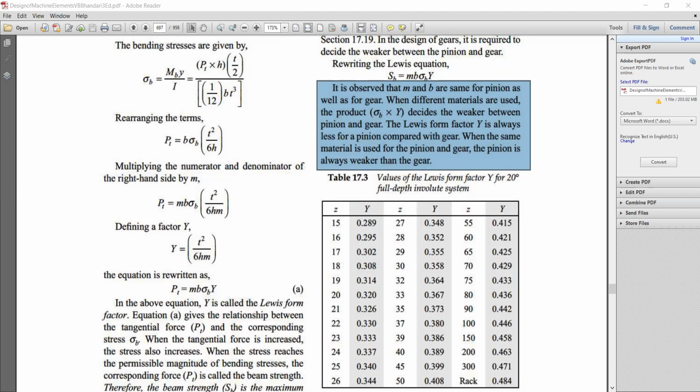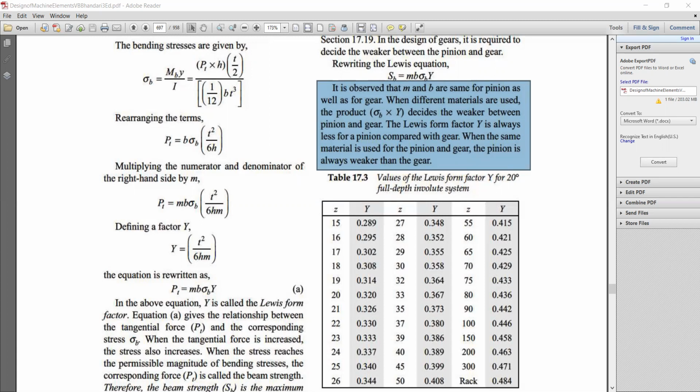In the preliminary stages of gear design, it is extremely difficult to calculate the dynamic load. So after calculating the module, we are able to find out the important things like pitch circle diameter. After that we are able to find out the other parameters like Cv, the velocity factor, then different loads.